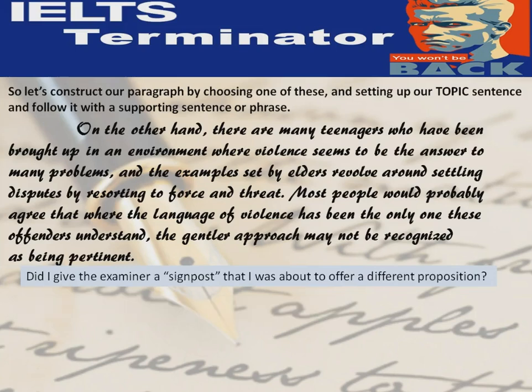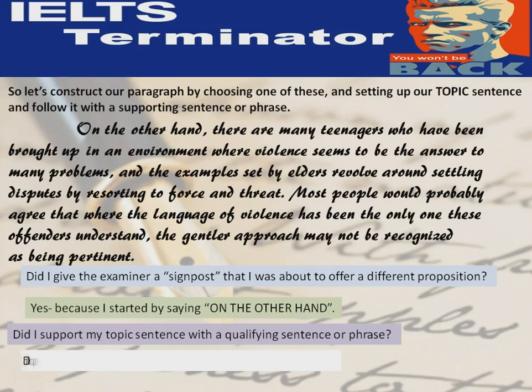Okay, so did I give the examiner a signpost that I was about to offer a different proposition? How about the words on the other hand? Yes, because I started by saying on the other hand. Of course, I could have used any of those words we talked about a little earlier. And did I support my topic sentence with a qualifying sentence or phrase?